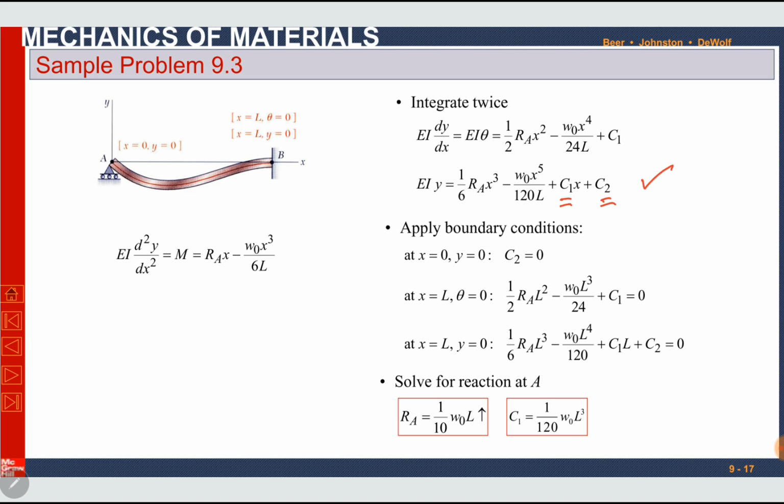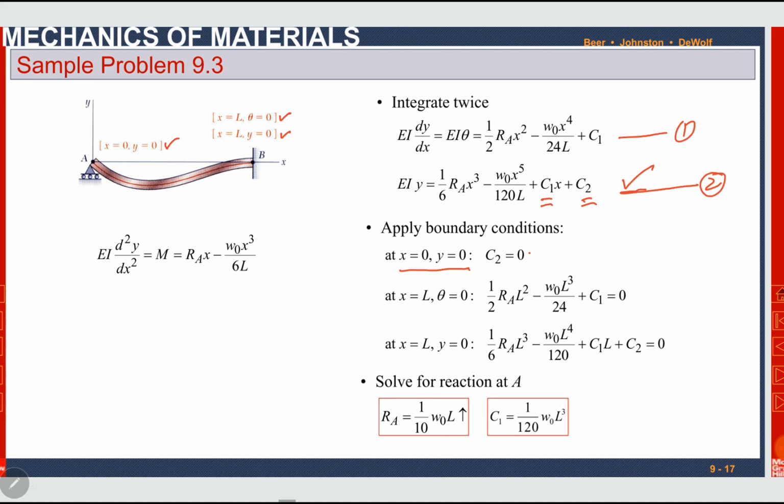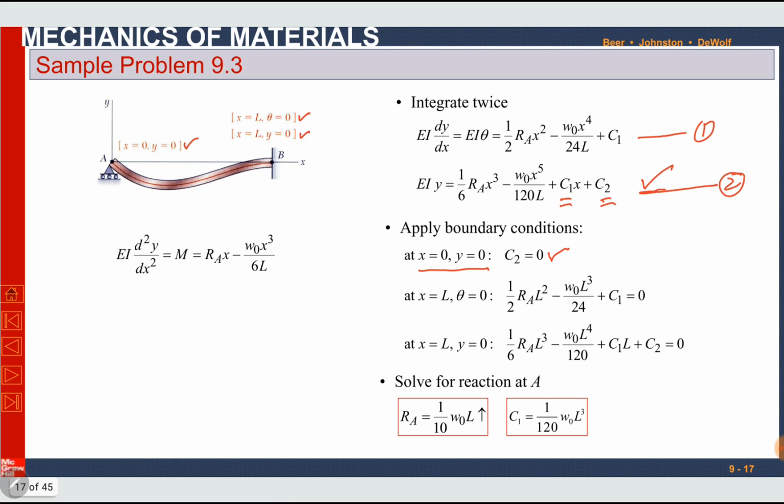These C1 and C2 unknowns can be determined using two boundary conditions, but fortunately we have three known boundary conditions. At the fixed end, theta is 0 and y is 0. At the roller support, where x is 0, y is 0. So by putting x equal to 0 and y equal to 0 in equation number 2, we get C2 equal to 0.